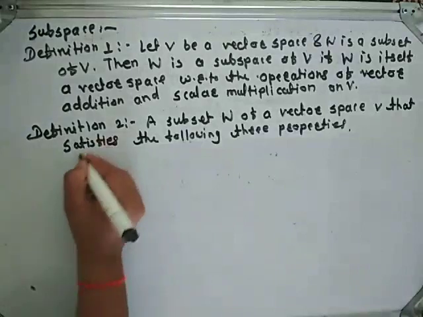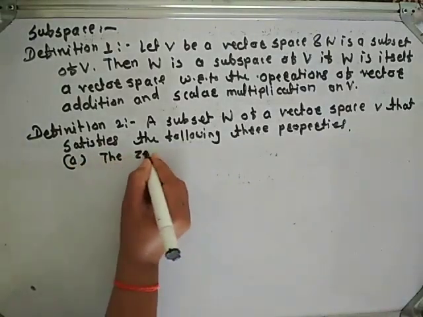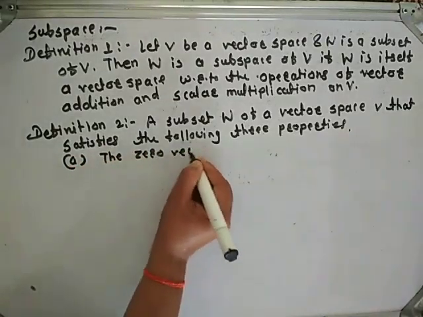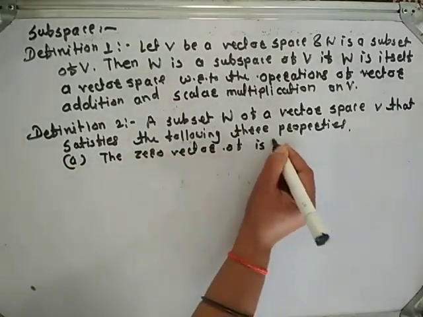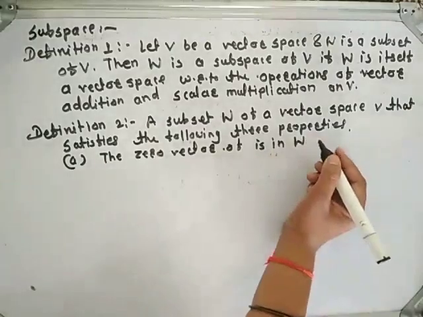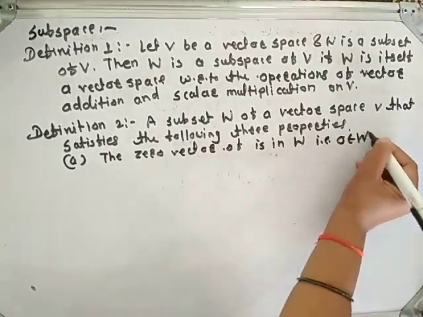Okay. First one, the zero vector of V is in W. Means what? 0 belongs to W.